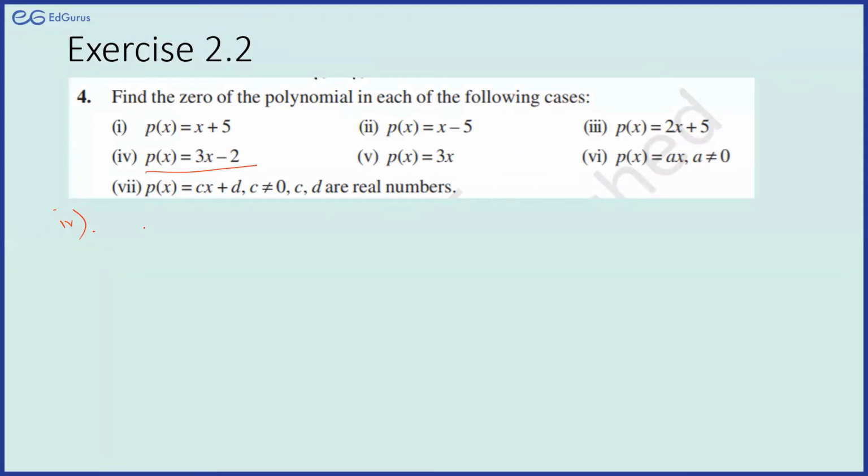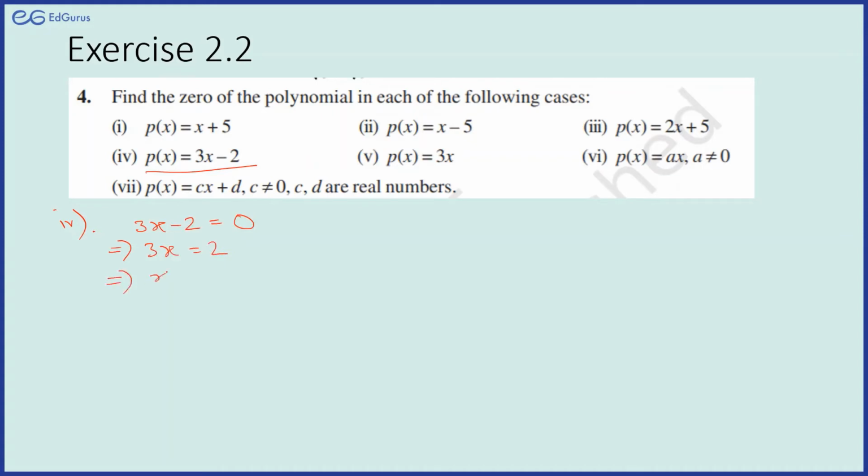Ma'am, shifting -2, 3x is equal to 2. बट उससे पहले हम क्या लिखेंगे? 3x minus 2 equal to 0, because we want the polynomial to become 0, right? Now 3x is equal to 2.